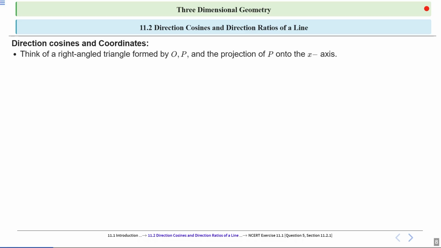First, imagine a right angle triangle formed by 3 points: O, which is the origin, P, which is a point in space, and the projection of P on the x-axis. So this triangle helps us visualize how the position of P relates to the axis. Okay, so think of a right angle triangle formed by O, P, and the projection of P onto the x-axis.